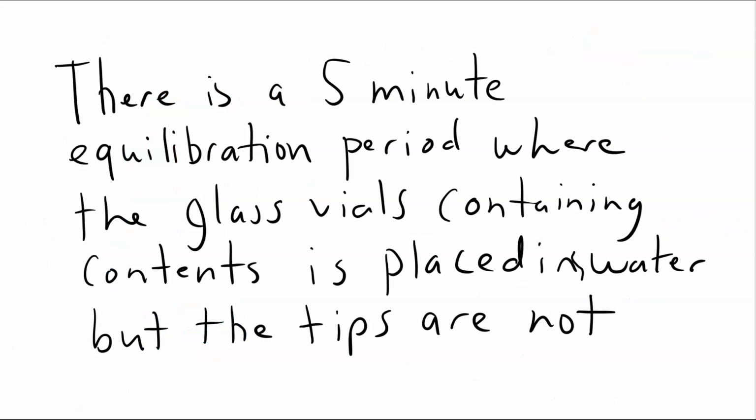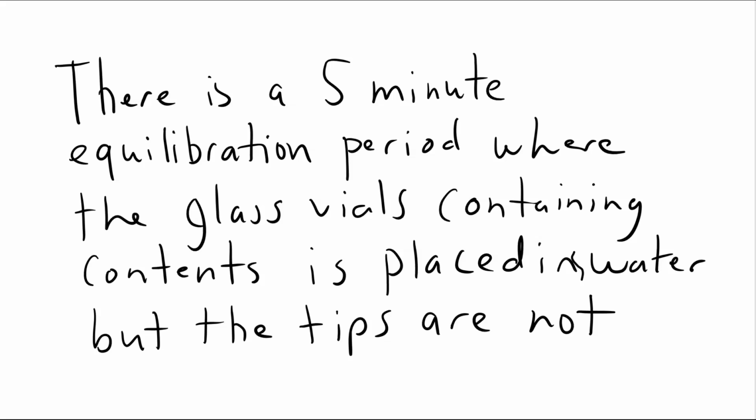Another thing I'd like to mention: if you were actually doing this experiment, you'd set up a 5-minute equilibration period where the 2 vials, 4 vials, however many vials you have going, would essentially rest on a piece of tape.